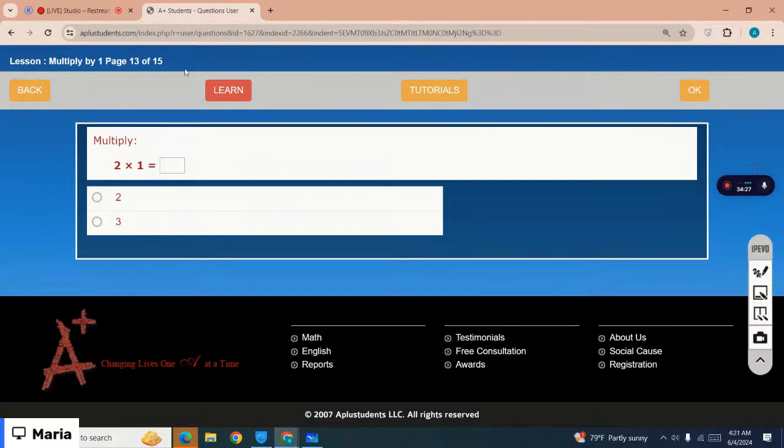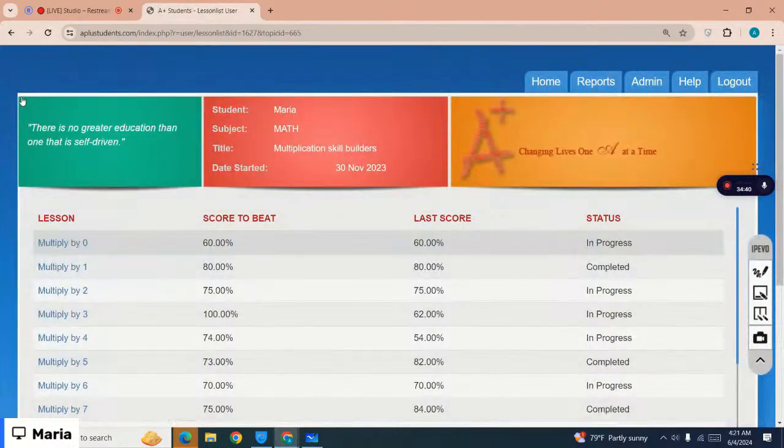Okay, you can complete the lesson by yourself later today. Let's just move on to the next lesson. The next one is multiply by 2.